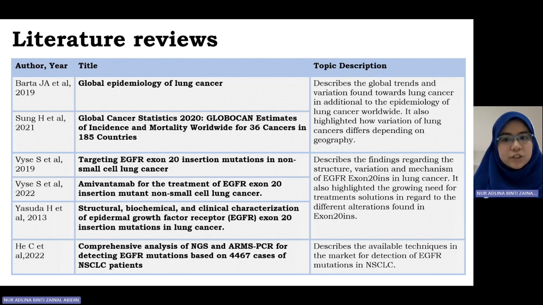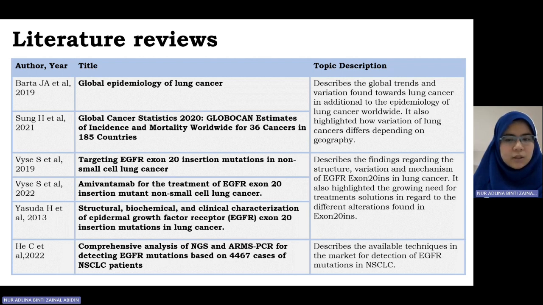Here are some of the literature reviews that have inspired this study. The first two describe the global trends and variation found in lung cancer, in addition to the epidemiology of lung cancer worldwide. They also highlight how variation of lung cancer differs depending on geography. The next few are regarding the structure, variation, and mechanism of EGFR exon 20 insertion in lung cancer.